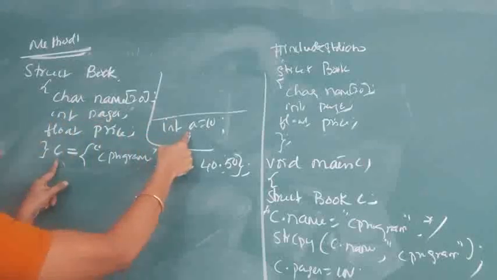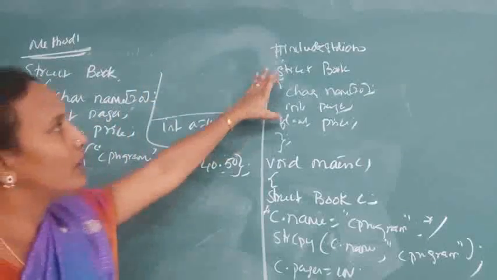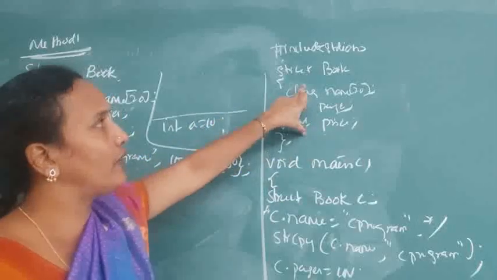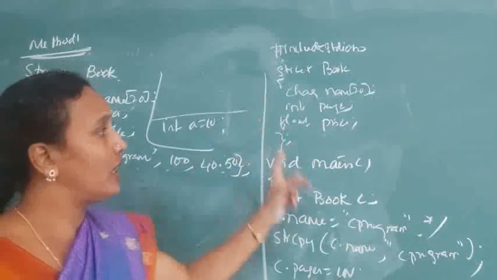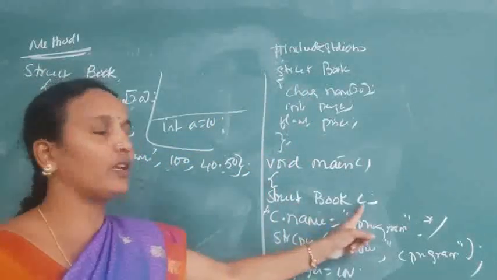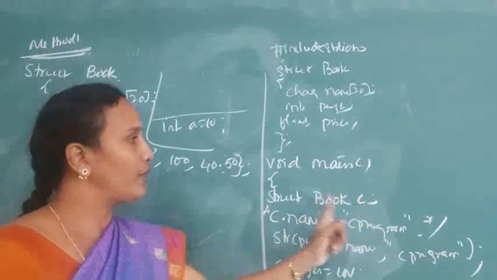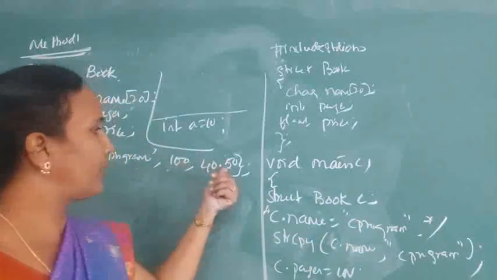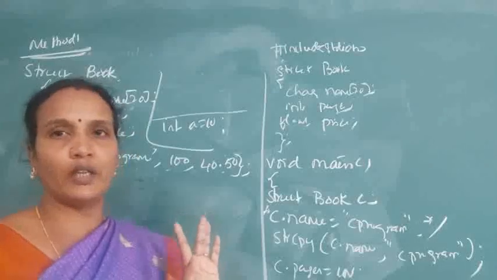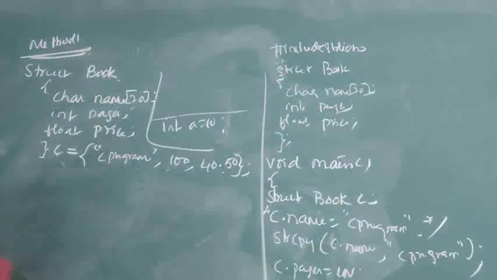Structure. Here a is of type integer. In the second method, before the main function I declare the structure and inside the main function I declare the structure variable. Like this or like this, these are the two methods to initialize the structure variable.